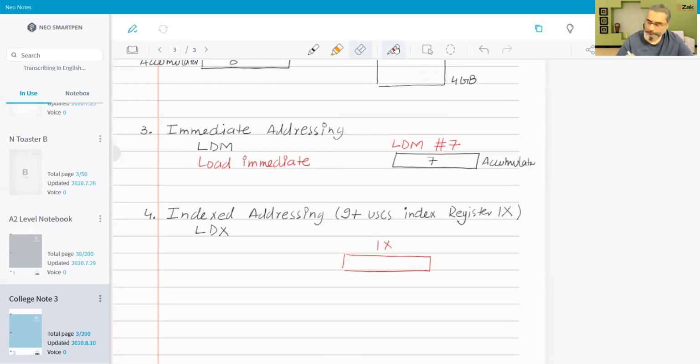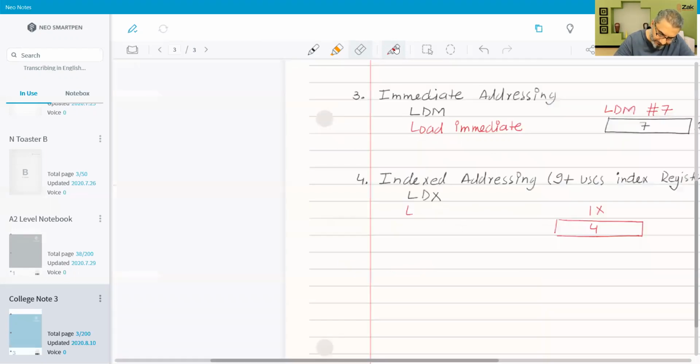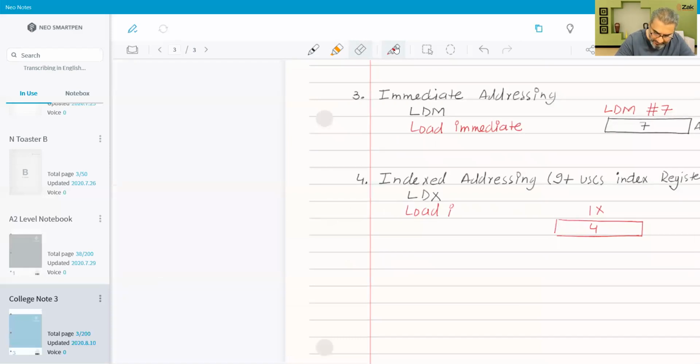All right. So I write a command ldx. So this is actually load indexed. All right. So let's say I write a command ldx 50.